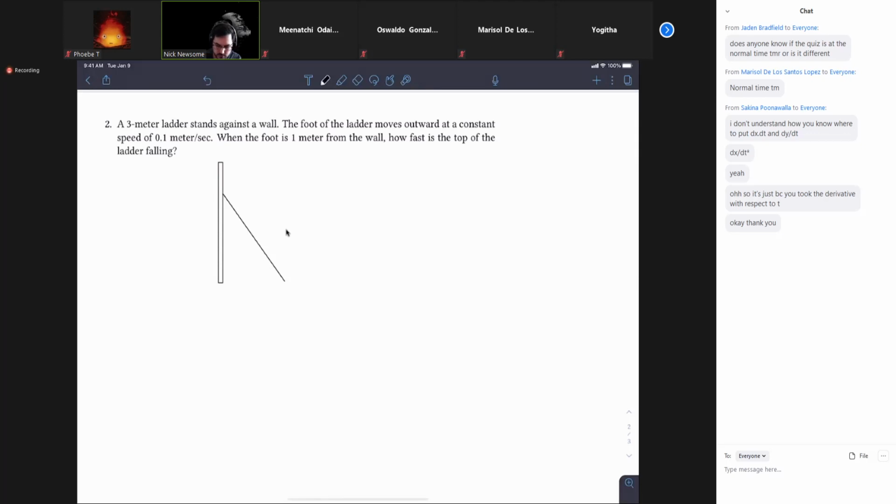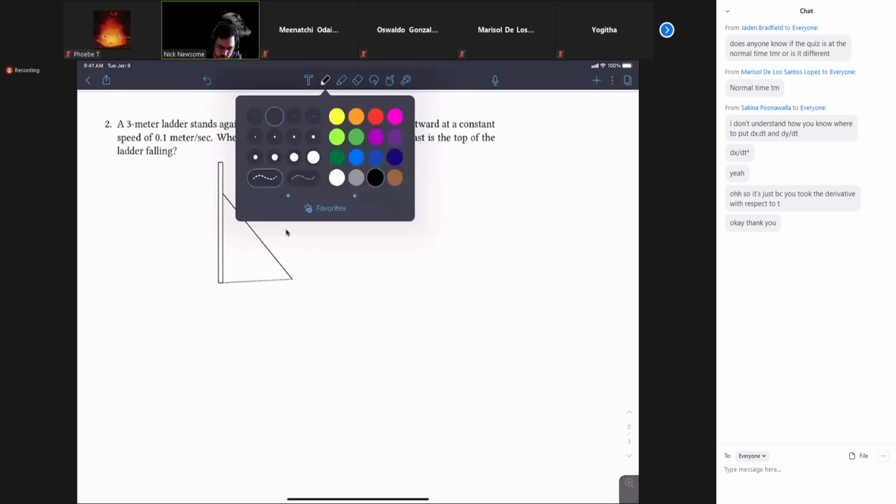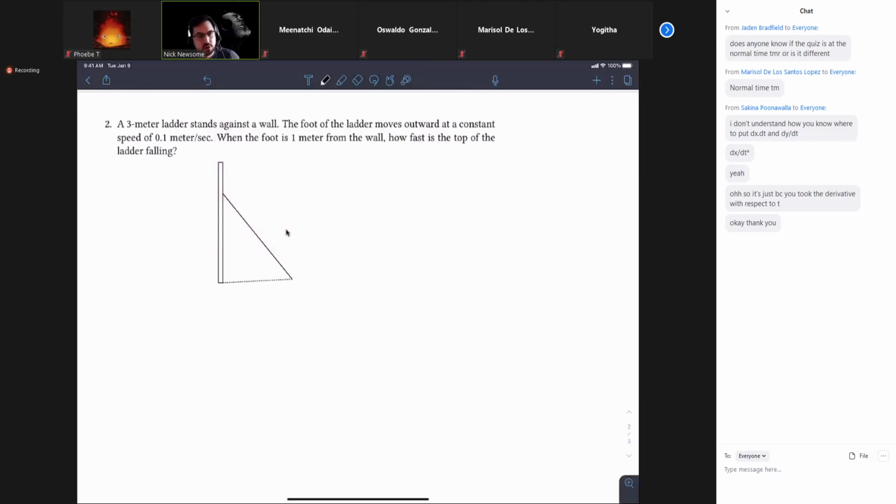Let me see if I can get fancy here. There we go. The only thing about the online teaching that I'm going to miss is being able to draw a dashed line straight.